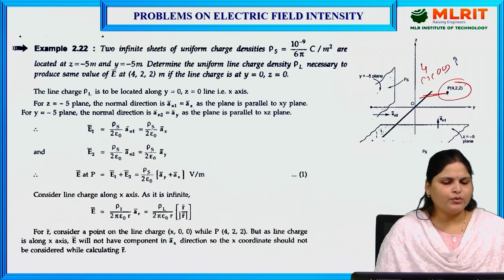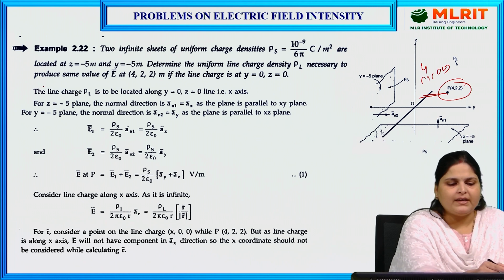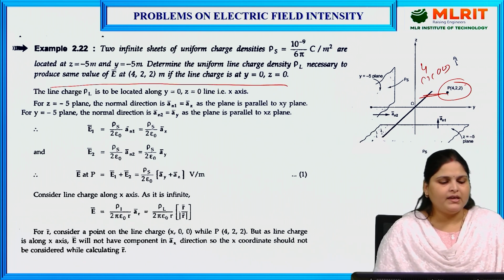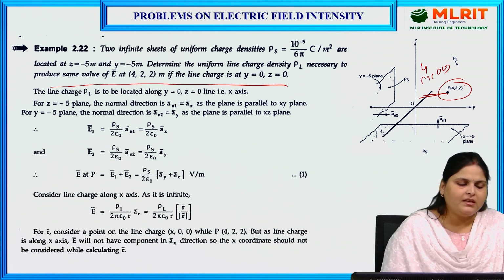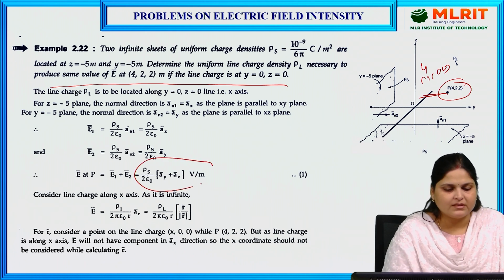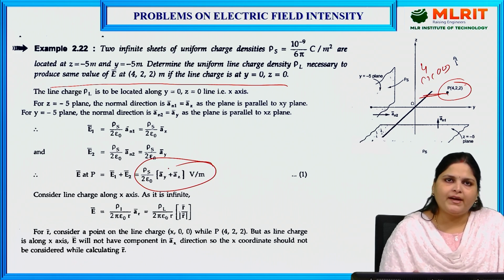Now let's go back to the question. They have written that the line charge has to produce the same field, meaning the same field as the field produced by the surface charges. So basically we will equate both the fields.